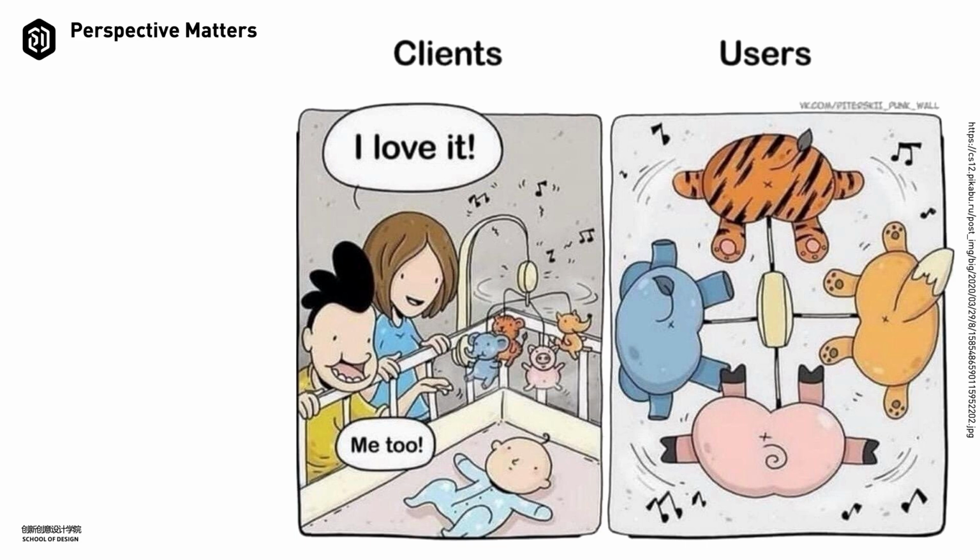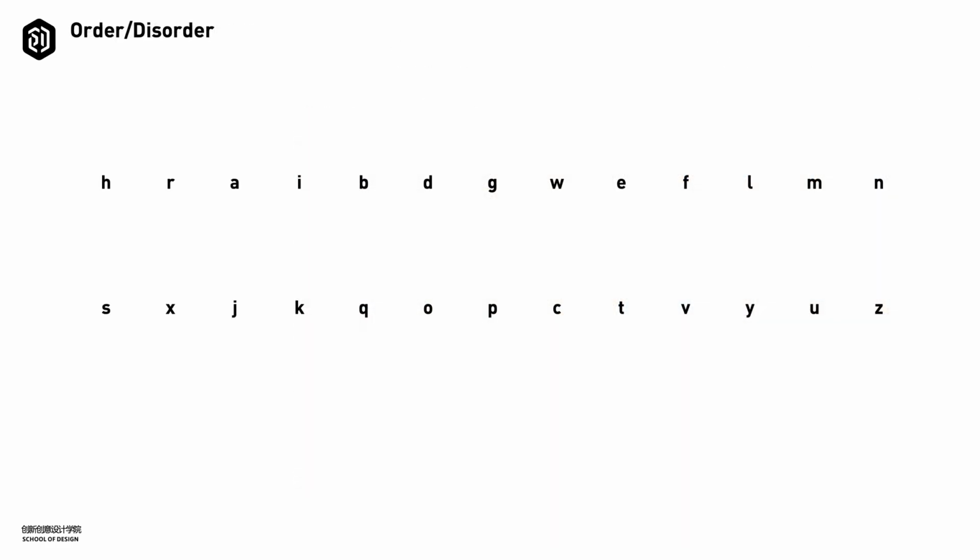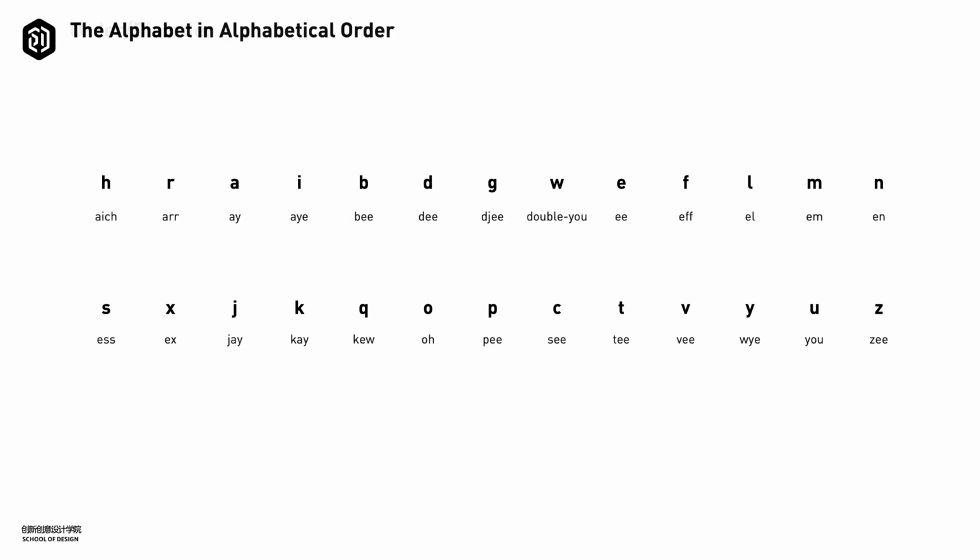And with that come other questions about what is order, what is chaos, what is disorder. I've got a bunch of letters here, and the question to you is, what are we looking at? That's a trick question. It's very hard to know. We are looking at the alphabet in alphabetical order. So it looked chaotic until you know the key.